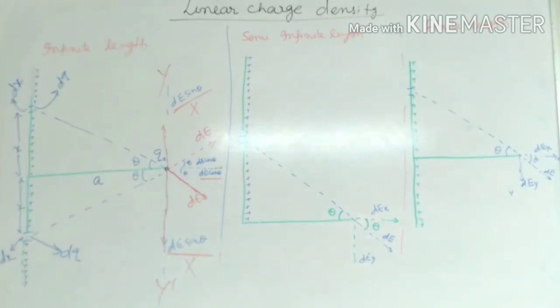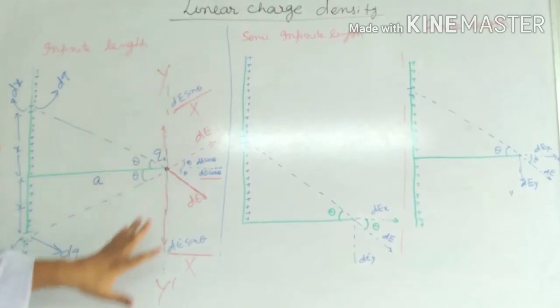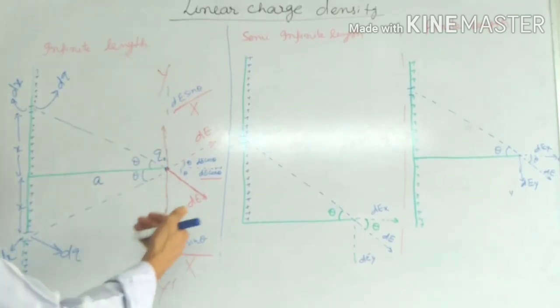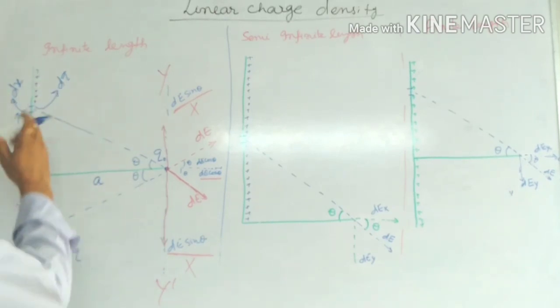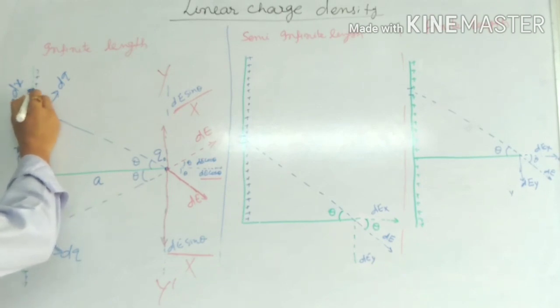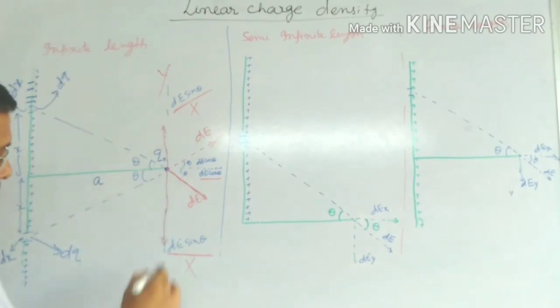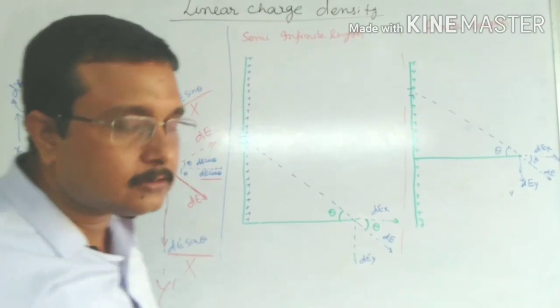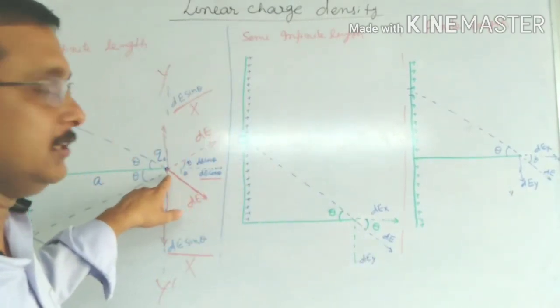You have taken an element dx. For dx, the y components, dE sin theta, the vertical component, are going to be cancelled. Then we take this dx, a small element, then this dx, then this dx. For every dx here, the y component will be cancelled out, and only the x component is going to contribute to the electric field at this point.